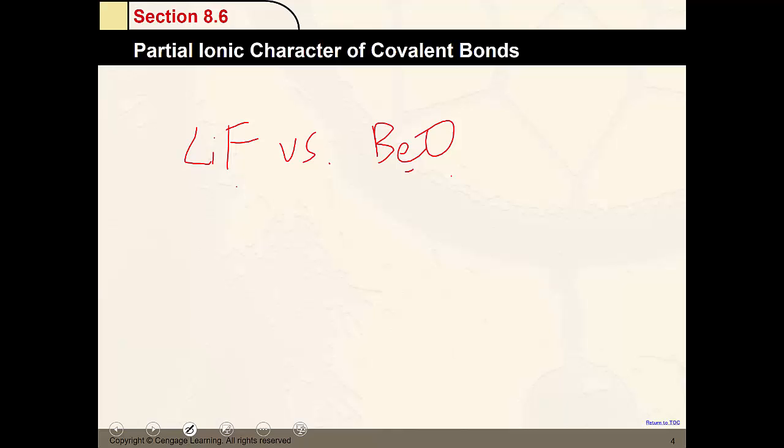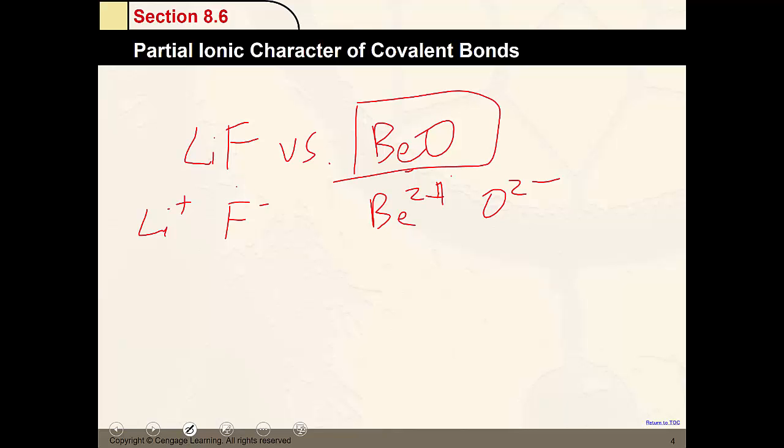But if we look at the charges, LiF, lithium fluoride, is made up of lithium plus 1, fluorine minus 1. Beryllium oxide is made up of beryllium 2 plus and oxygen 2 minus. So that means the one with the largest lattice energy is going to be the one with the greater charges.